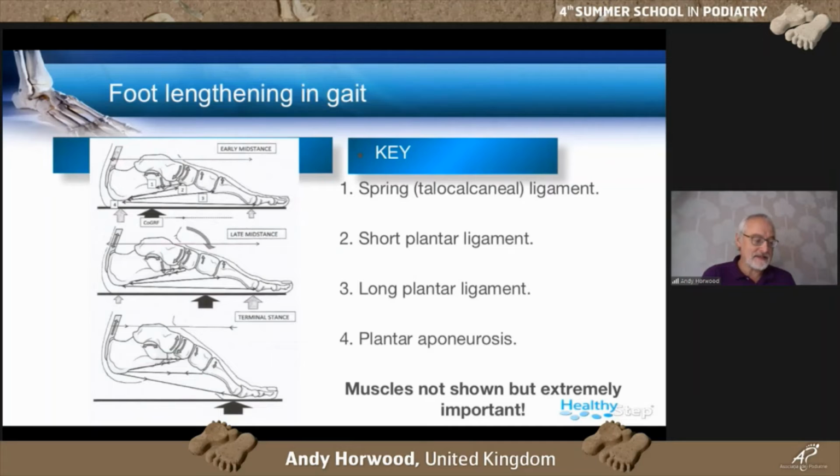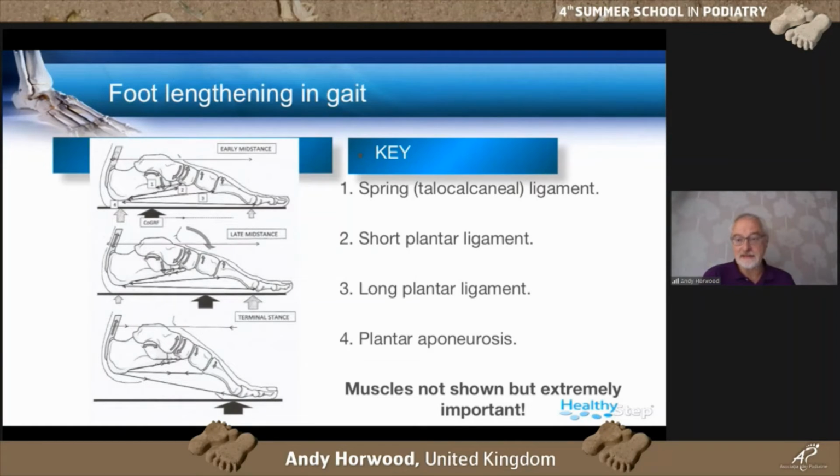Now, this is indicating that the windlass effect it offers during terminal stance is not part of heel lift foot stiffening. It actually comes into play during the later part of terminal stance as you're approaching pre-swing, when the muscle activity is actually reducing within the foot.